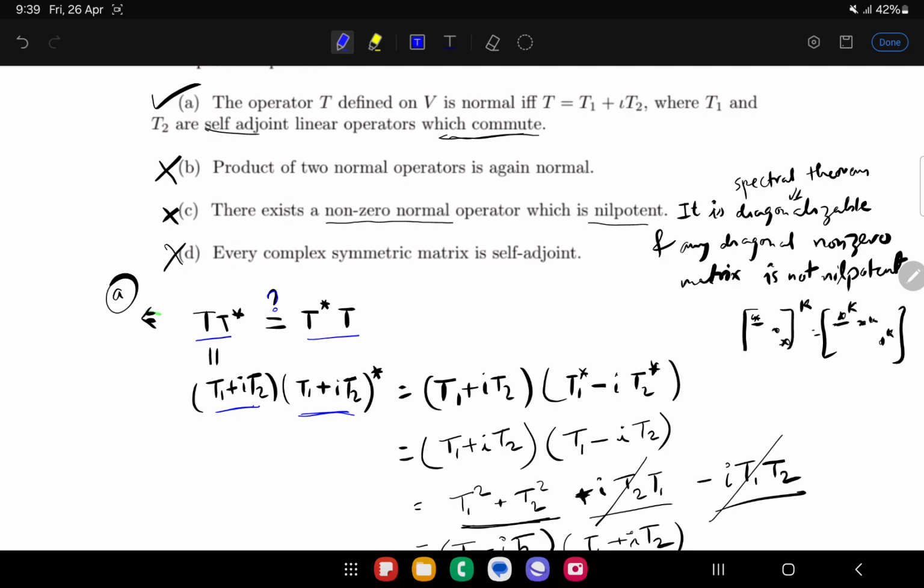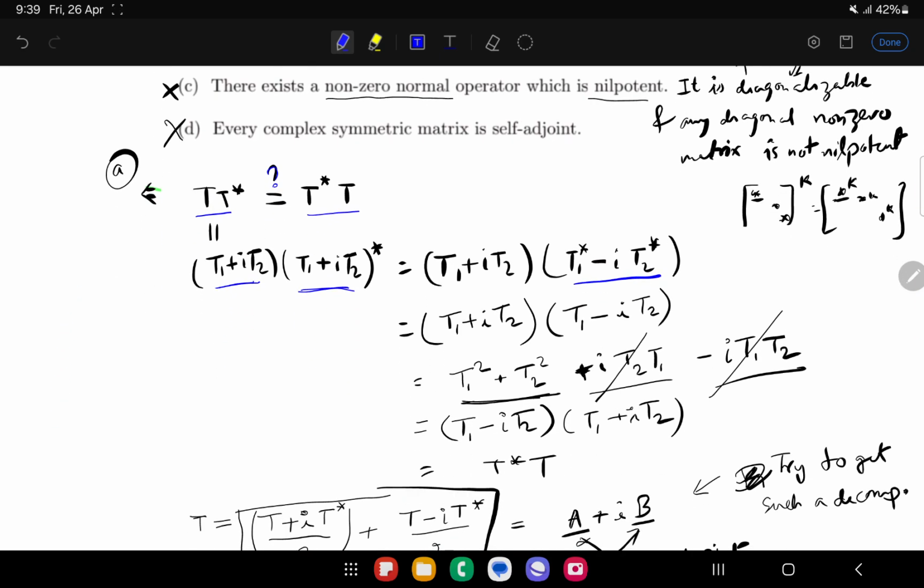Now because star is linear, it will go inside, and the conjugate of i will become minus i, that is why it is minus i here. Now because T1 star is T1 and T2 star is T2, they are self-adjoint by hypothesis. So now multiply them. Because T1 and T2 commute, these two will cancel out.